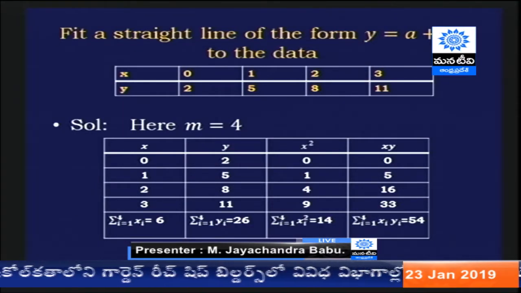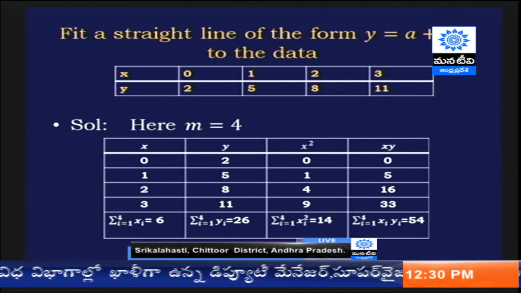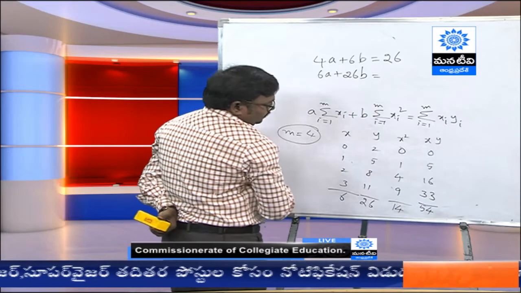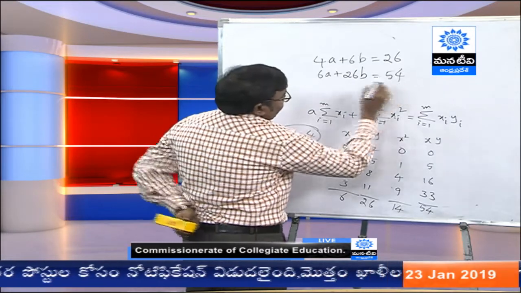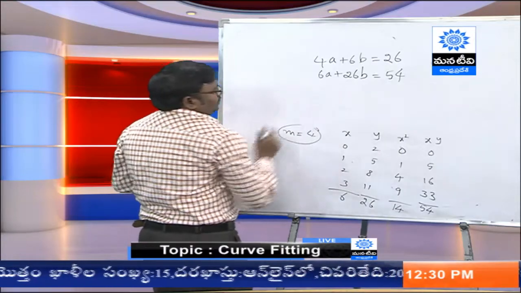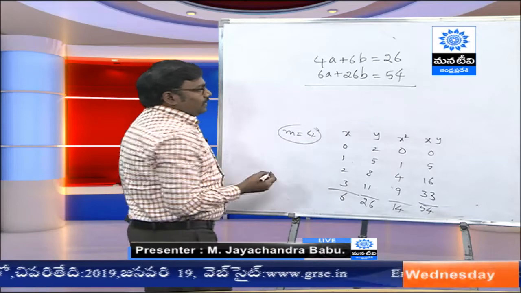So, the second equation can be written as 6a plus 14b equal to 54. So, I am erasing the second equation also.